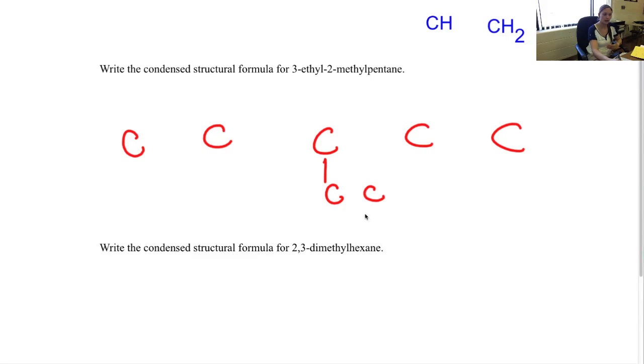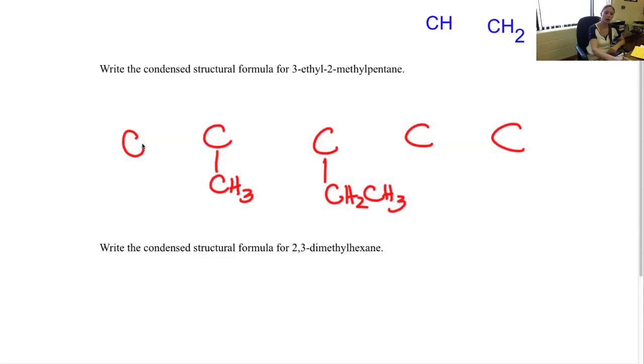So off of the third one, I have 2 carbons. Alright, each carbon has to have 4 bonds, so it's going to be CH3. It's just connected to 1 thing, so I need 2 more bonds to it, so CH2, so there's my ethyl group. I have 2-methyl, so off of my second carbon, a methyl group. Methyl groups are always CH3, because 3 bonds, 1 to each H, and then 1 more to a C. So now I gotta go back and fill in all my H's.